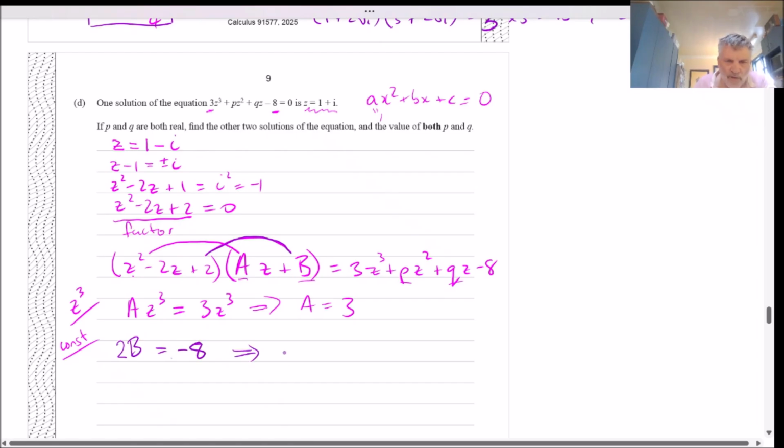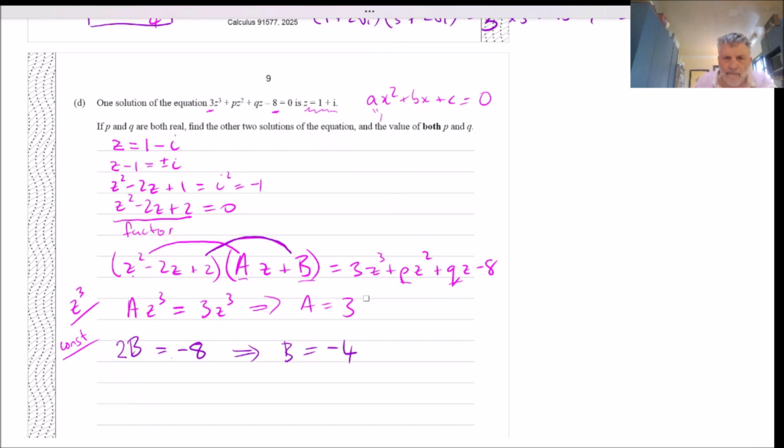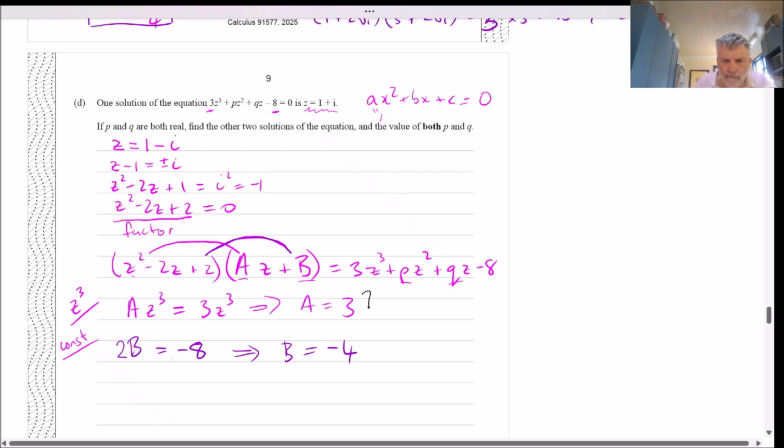And that implies that b is negative 4. And together these imply that 3z minus 4 is a factor, therefore z equals 4 over 3 is a root.